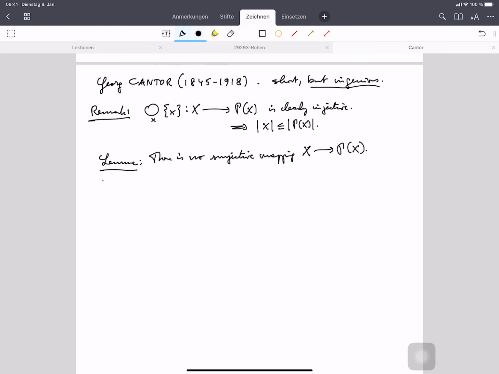Proof. Short but ingenious. Assume that this is not true. Let f from X to P(X) be a surjective mapping.